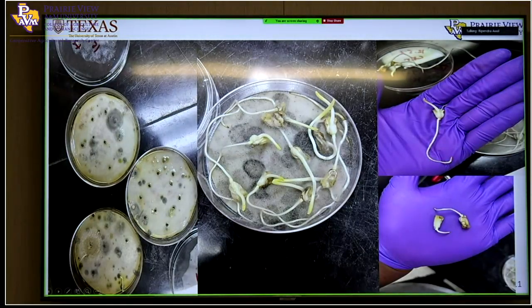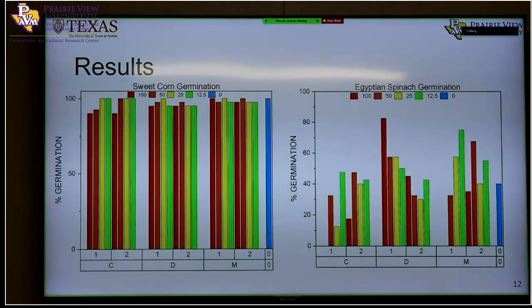So I added these because I thought they were really cool looking at how everything, like this is all fungus and mold, and then you could see here how some of them have a double shoot, and some of them had only a root growing, and then some of the spinach didn't even germinate.